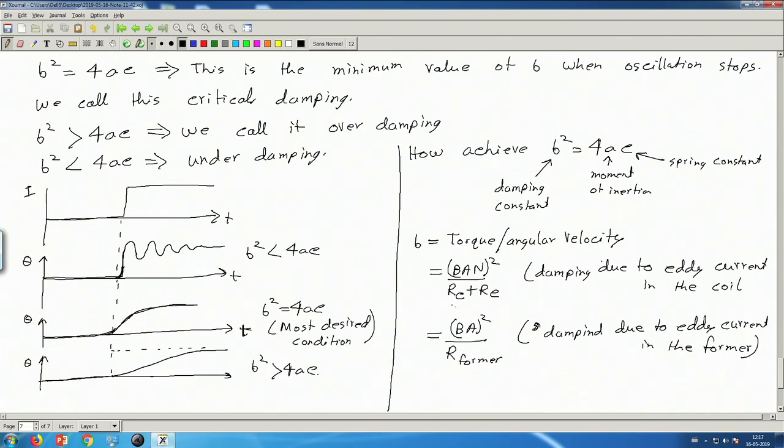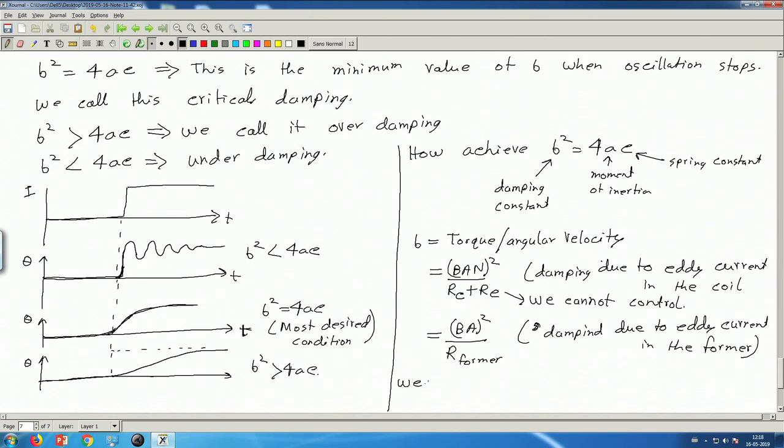This one is not controllable because R external depends on the external circuit, so we should not rely on this term. This term we can possibly control, and therefore we should choose a low enough value for R former so that b is high enough and equal to 4ac.